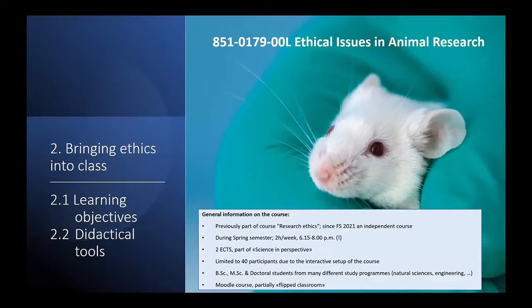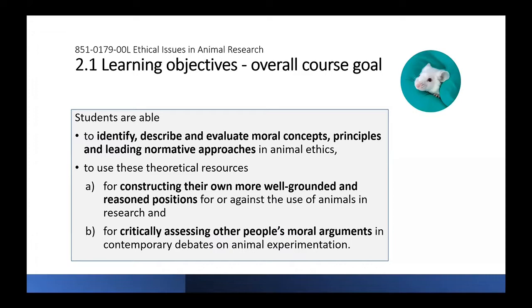So let's have a look now at the recently established course, Ethical Issues in Animal Research. Based on what I said, I present you now the overall course goal. Students are able to identify, describe and evaluate moral concepts, principles, and leading normative approaches in animal ethics.